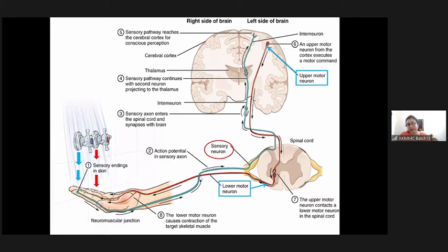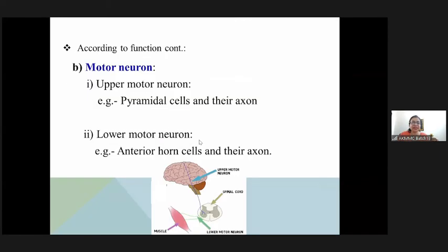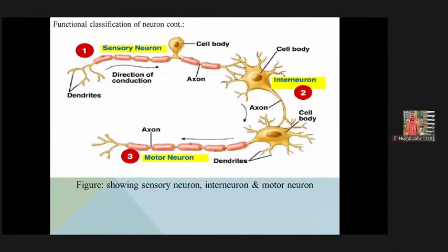These neurons act as afferent or sensory neurons as they are transmitting information toward the central nervous system. So where are we finding this type of neuron? Dorsal root ganglia.